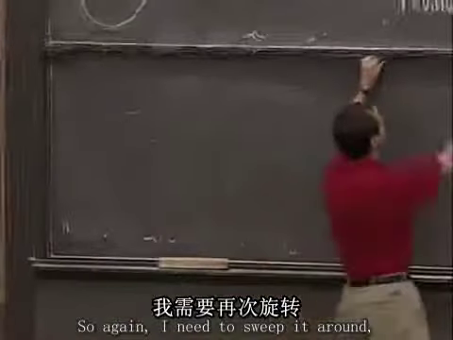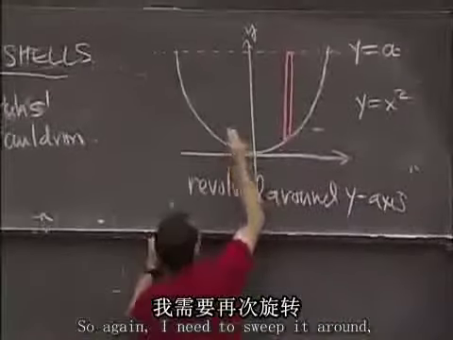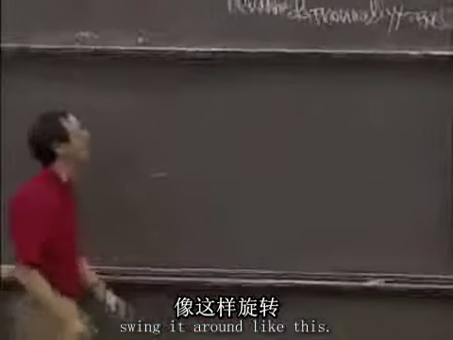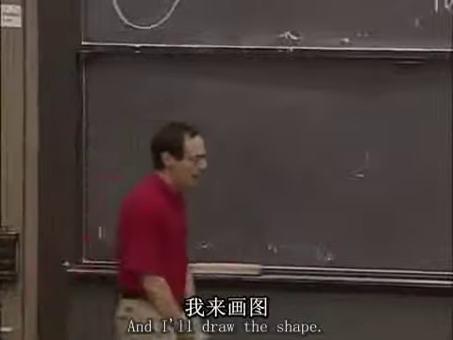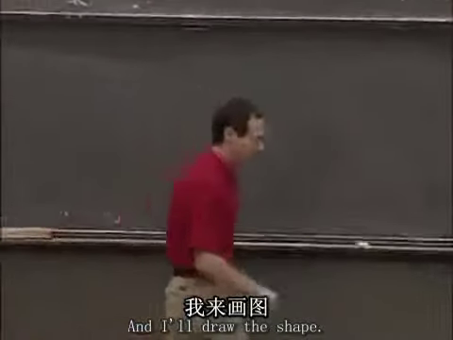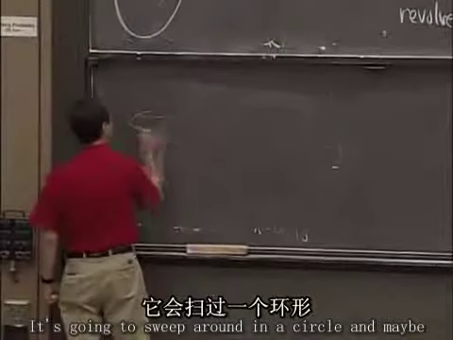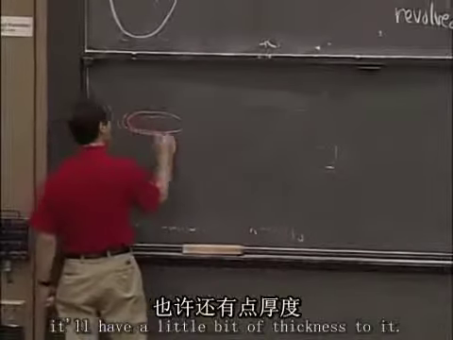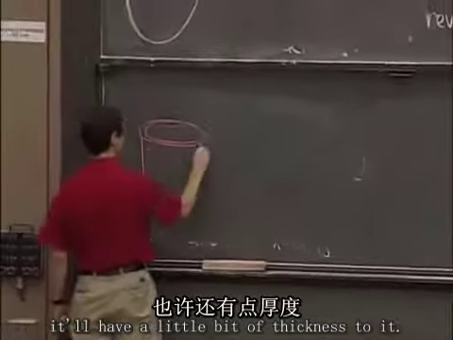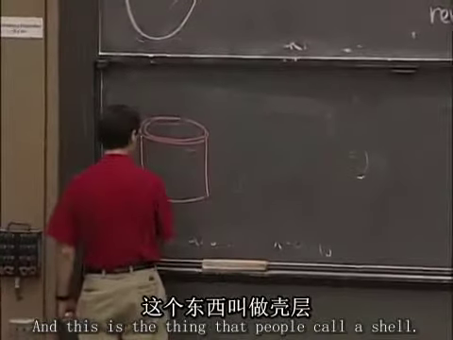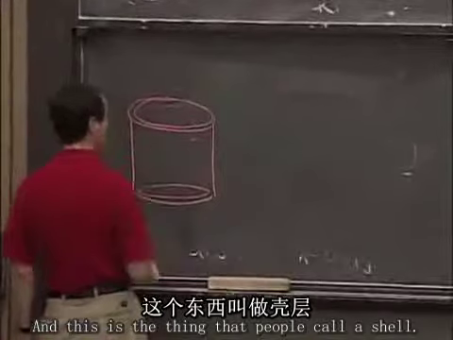So again, I need to sweep it around, swing it around like this. And I'll draw the shape. It's going to sweep around in a circle, and maybe it'll have a little bit of thickness to it. And this is the thing that people call a shell.